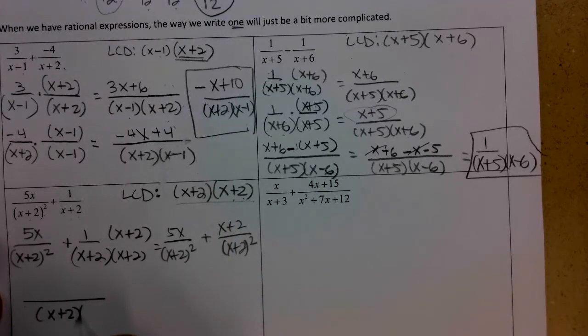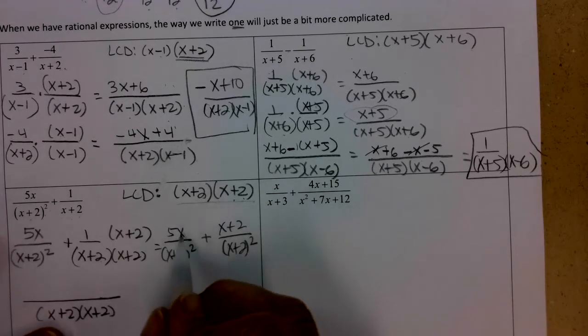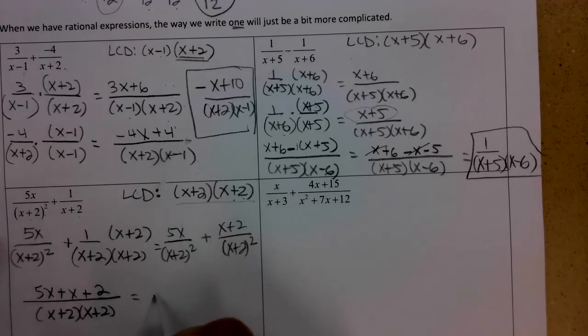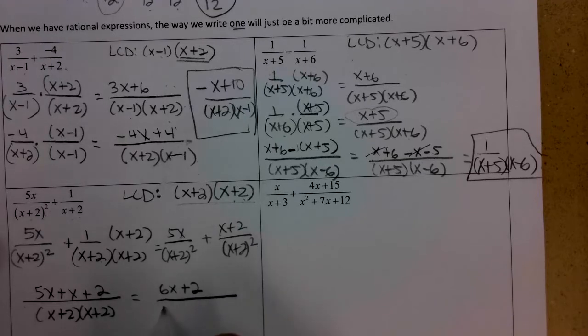So x plus 2 times x plus 2. Depends on how much room I have, whether I write it with the squared or I just write them out, right? So then I have 5x plus x plus 2. So 5x plus x is 6x plus 2 over x plus 2 times x plus 2.